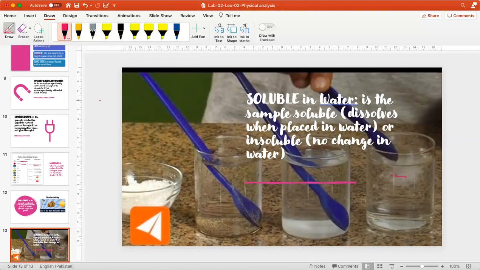Similarly, melting points and boiling points, freezing points, these are also physical properties. So this is all the information about the physical analysis.